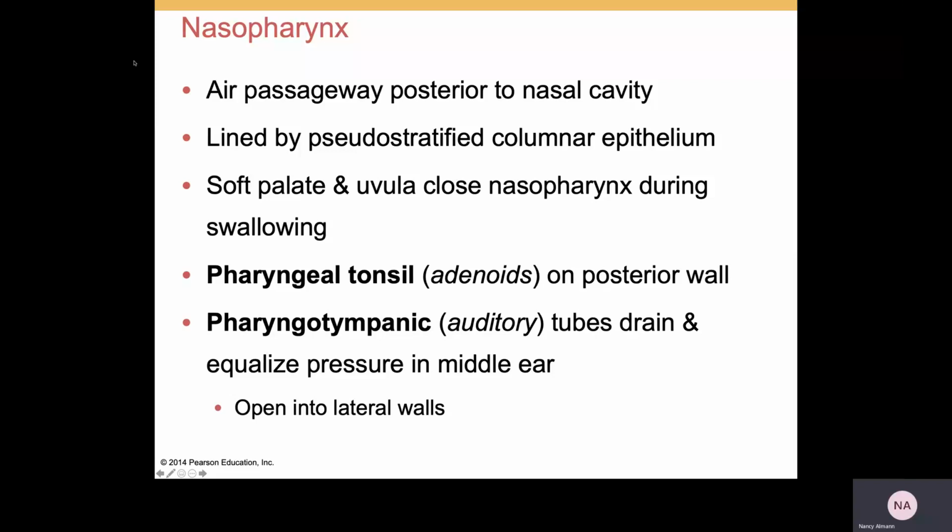They're going to drain into the nasopharynx and help equalize the pressure in the middle ear, because we saw the opening in the lateral walls there. The eustachian tube is technically and anatomically more correctly called the pharyngeotympanic tube, but eustachian tube works too.